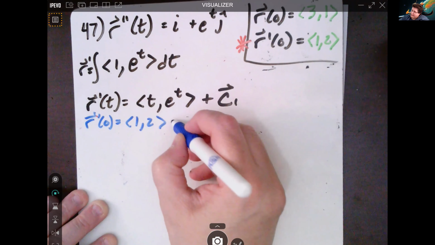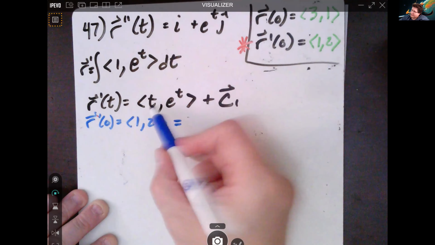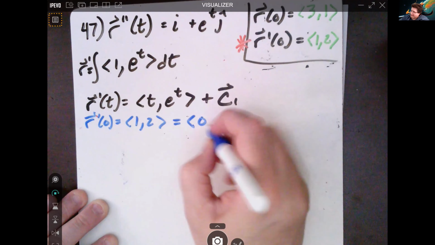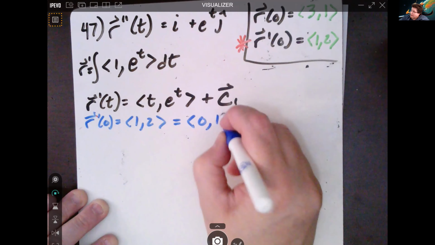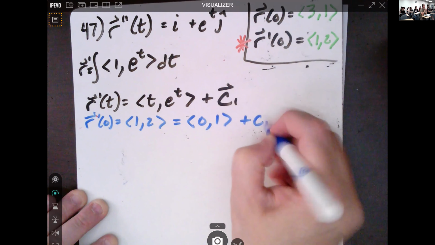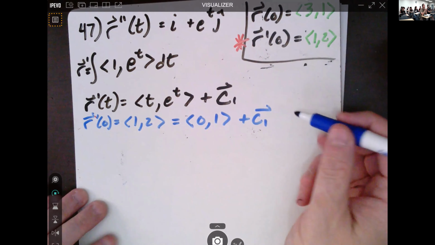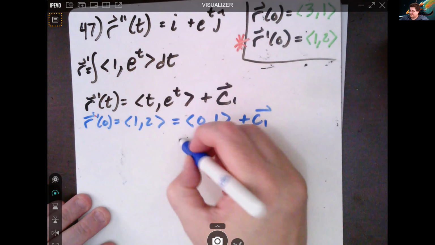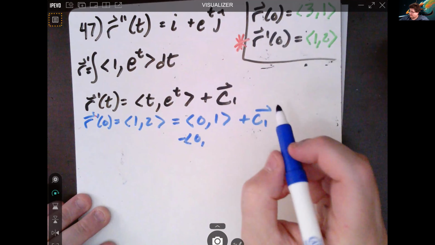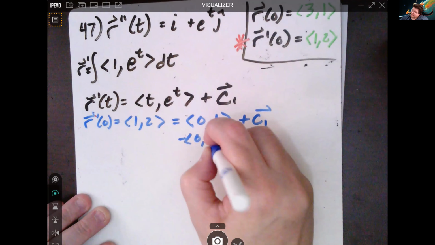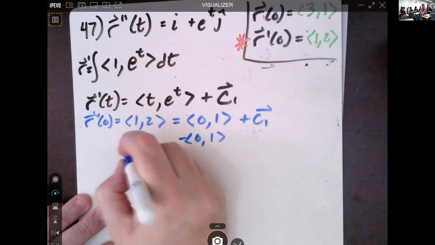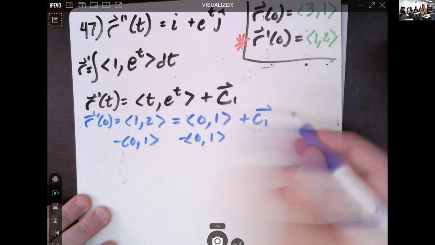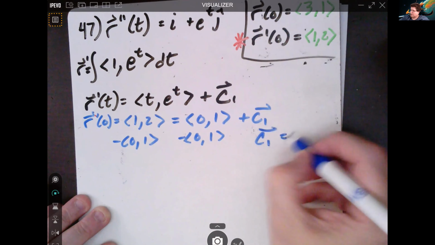But what it really equals right now is t evaluated at 0, which is 0, not 1 like I tried to do earlier, plus this C1 vector. Which means C1 is, let's subtract this from both sides, C1 is 1, 1. Right?